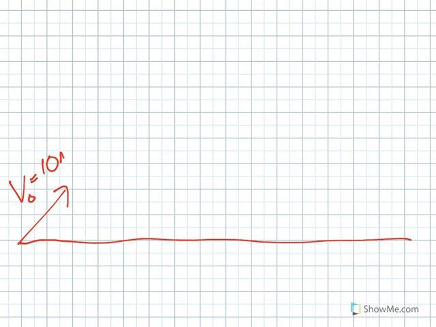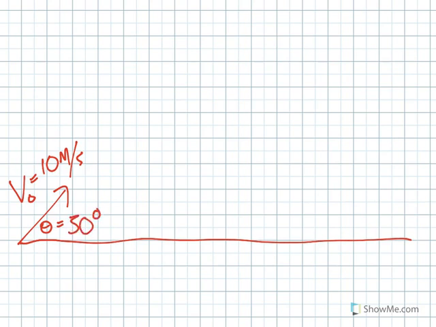Then there are problems like the ones we just did here, and then the other types of problems. All right, so let's do one of those. So there's the ground. We're going to throw something here. Let's say that v naught is 10 meters per second, and let's say that this angle, theta, is, who knows, 30 degrees.